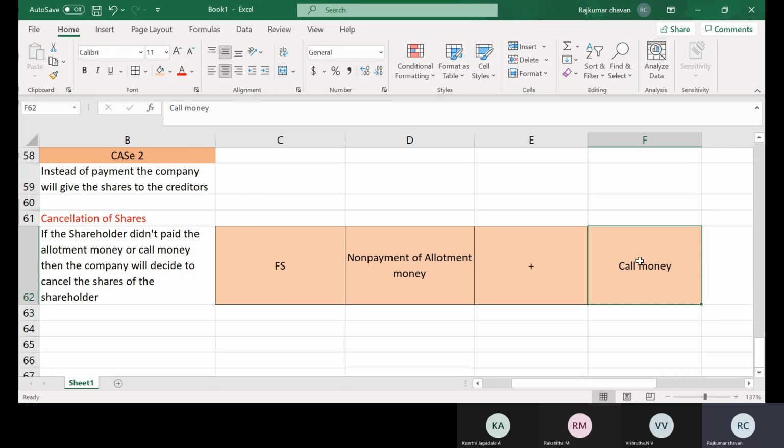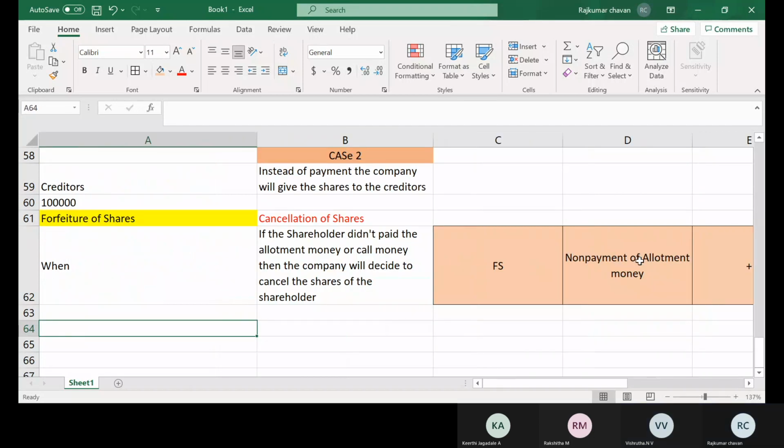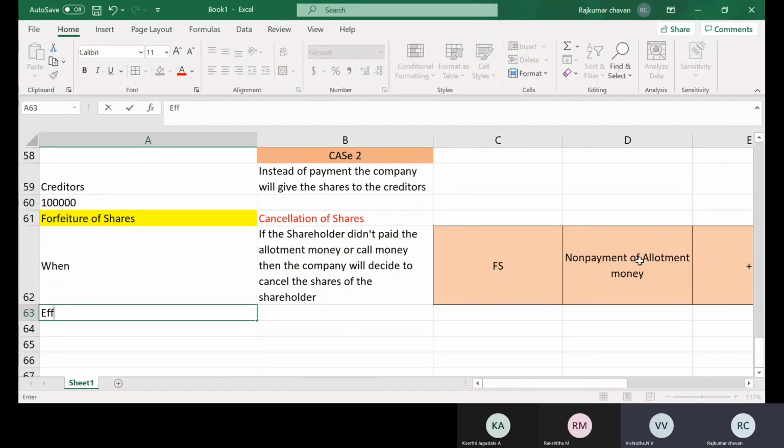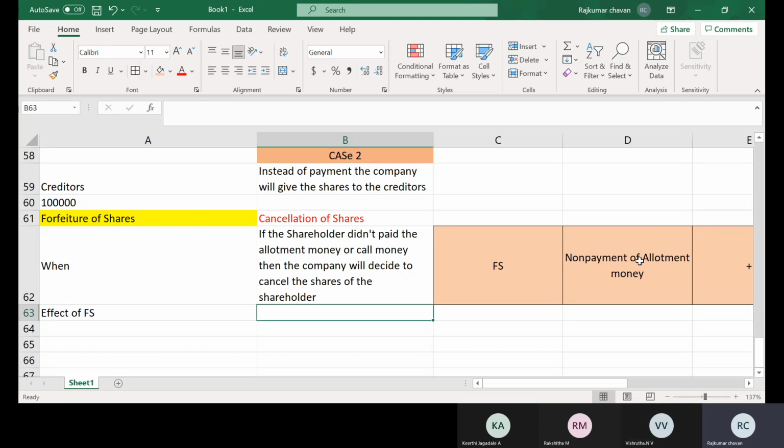Now tell me, what does the company have to do with the forfeiture of shares? Reissue. The effect of forfeiture of shares: what will the company do?